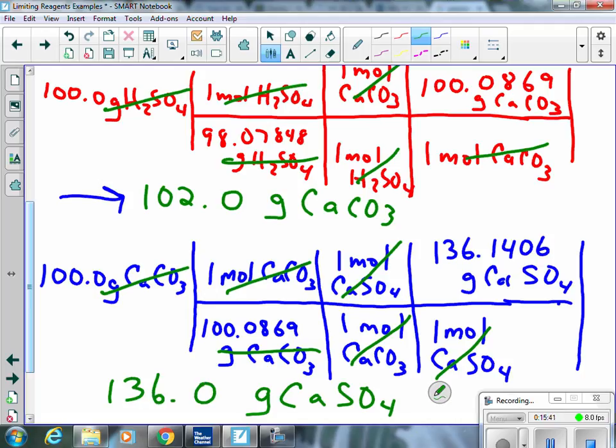Four significant figures. Because I had 4 sig figs in the problem, I come up with an answer of 136.0 grams of calcium sulfate.